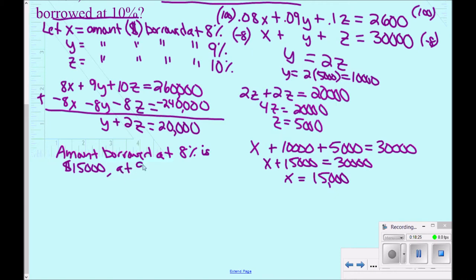At 9% is y, which we said was $10,000. And at 10% is z, which we said is $5,000.